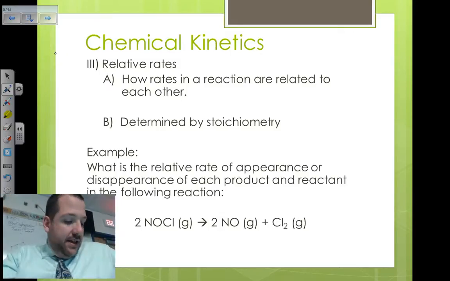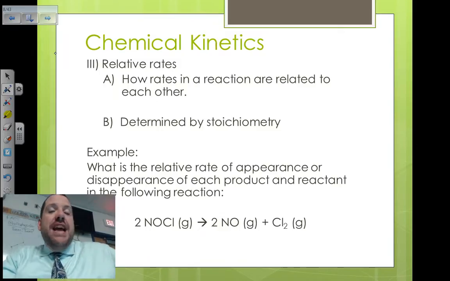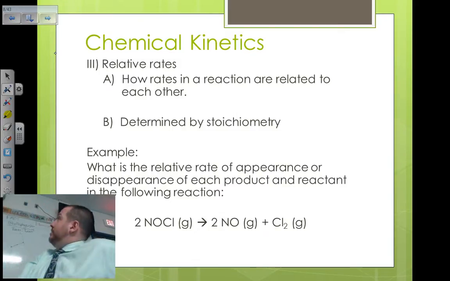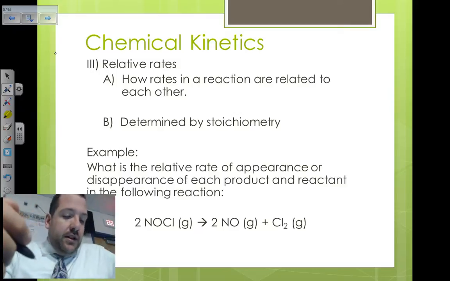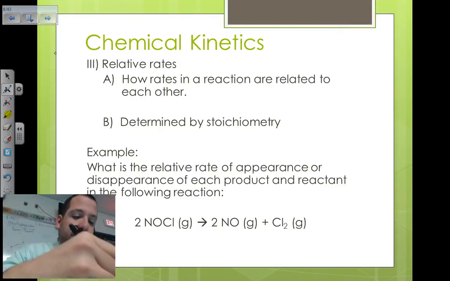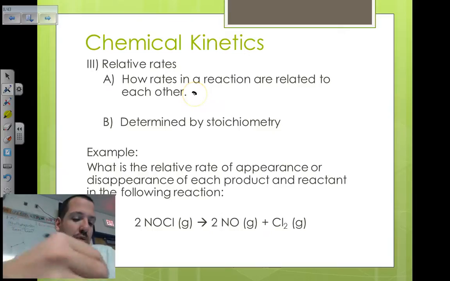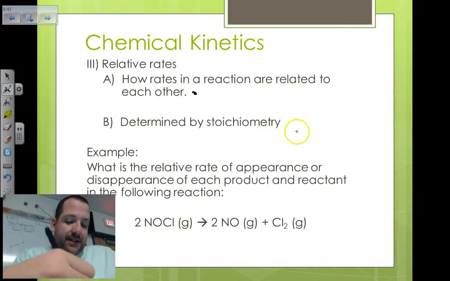Now, lastly, the thing that I want to make sure we talk about is relative rates. How quickly does a reactant get used up versus the product? Sorry, I'm looking around to see what time it is. So we're trying to relate how fast something is going.